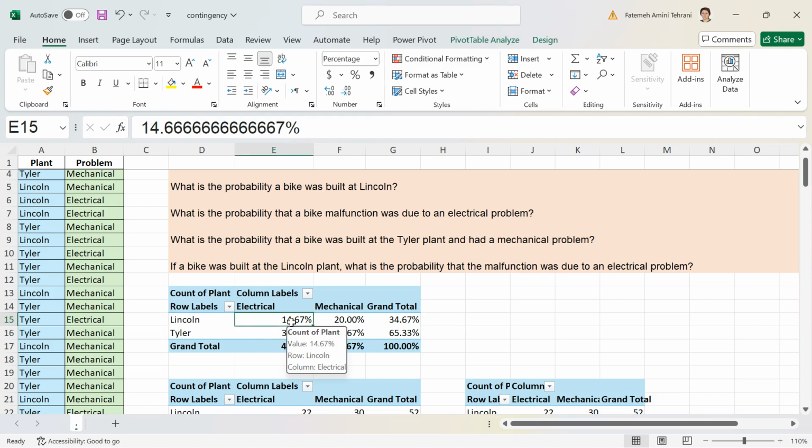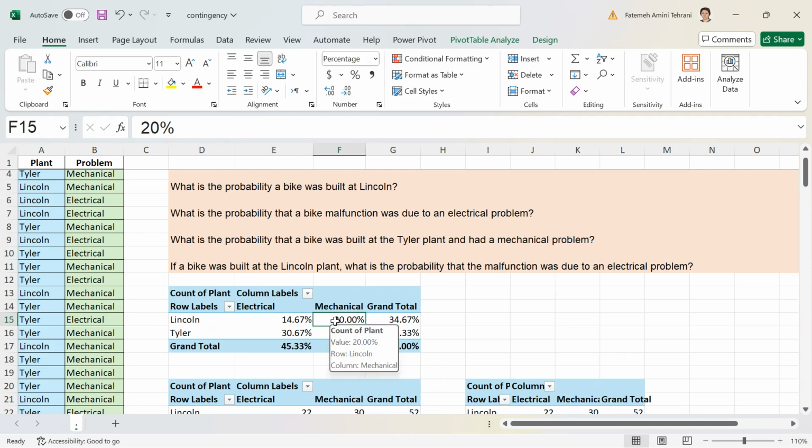Look at here, 14.67%. It's the probability that a bike has an electrical problem and it was built at Lincoln plant. 20% is the probability that a bike was built in Lincoln and it has a mechanical problem. 30.67% is the probability that a bike has an electrical problem and it was built in Tyler plant.